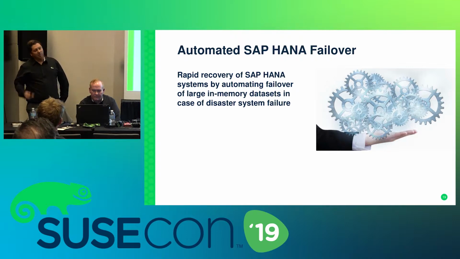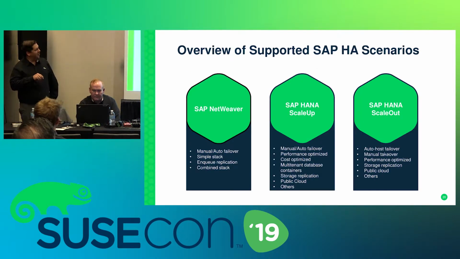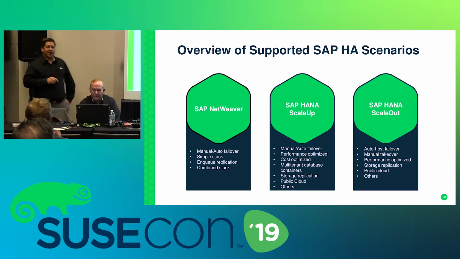We do support a number of HA scenarios, ranging from NetWeaver, if you use NetWeaver, to a HANA scale up and a HANA scale out. So again, a number of different scenarios.